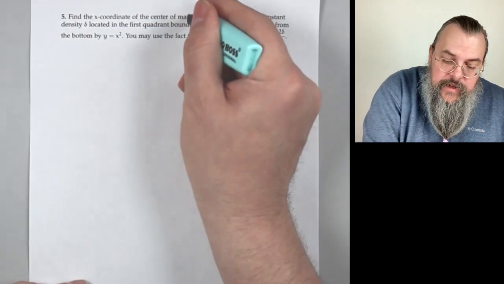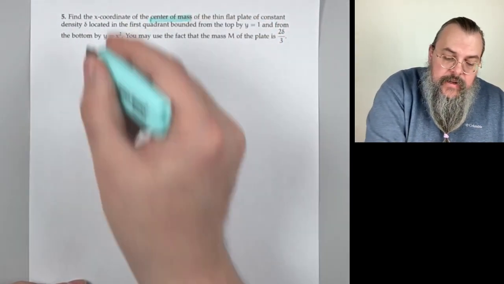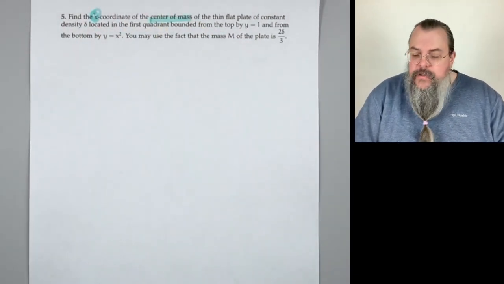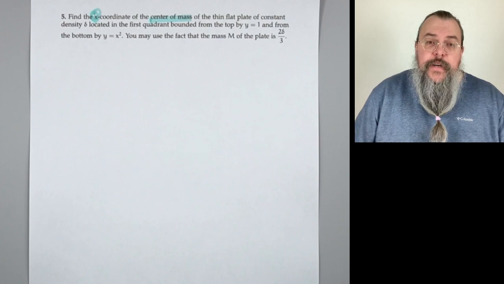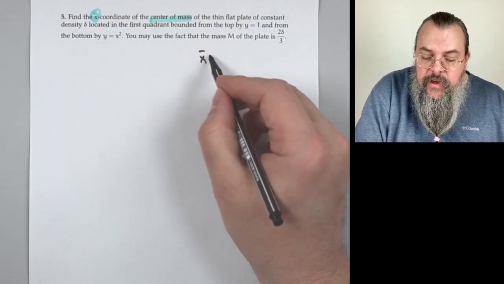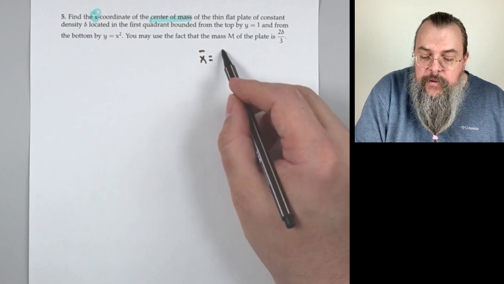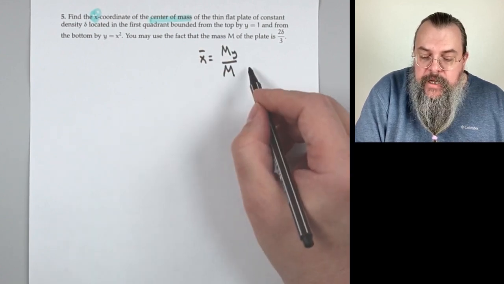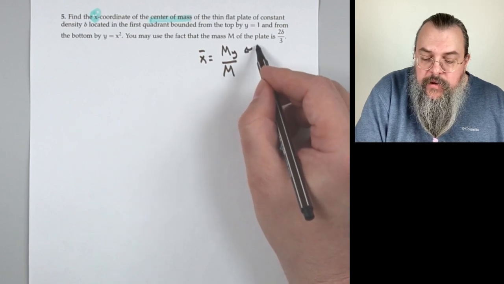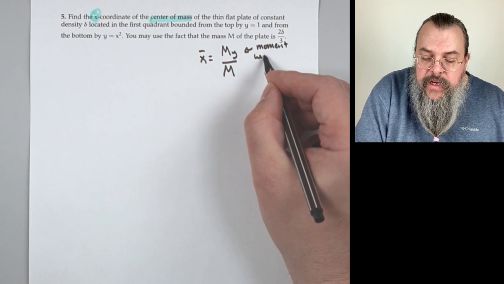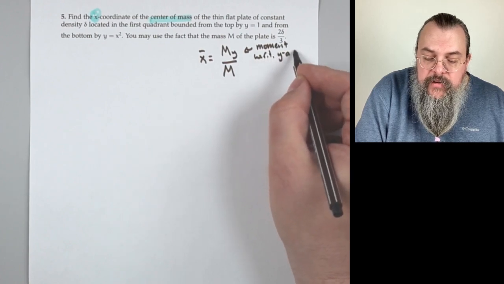Well, there's a couple of things, of course. We see right away it's a center of mass, and we know we're looking for the x-coordinate. And so we say, okay, well, let's remind ourselves of a couple of things. That the x-coordinate for the center of mass is found by M_y over M. Now, M_y is the moment, and in particular, it's the moment with respect to the y-axis.